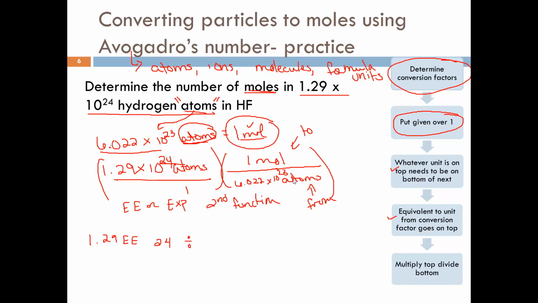If it's on the top you multiply, if it's on the bottom you divide, 6.022 EE 23. That's going to come out to be 2.14. The atoms cancel out, and you're left over with moles.